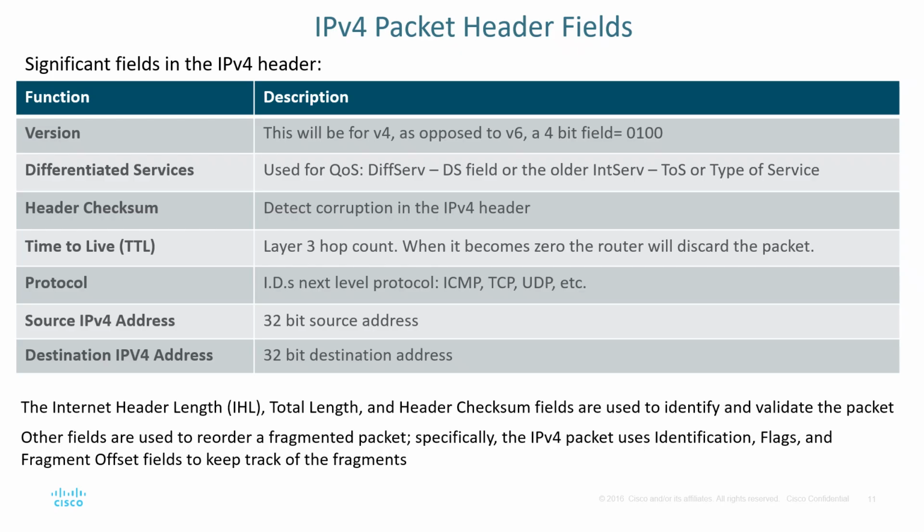The internet header length, the IHL, total length, and header checksum fields are used to identify and validate the packet. The other fields are used to reorder a fragmented packet, specifically the IP4 packet, which uses identification, flags, and fragment offset fields to keep track of the fragments. Those things are inherent to IP4. IP6 does not fragment.